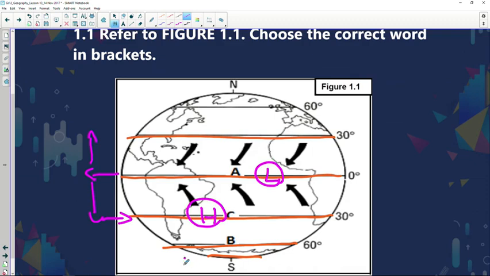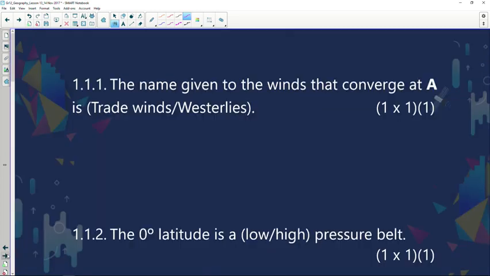Let's quickly fill in high pressure over the polar regions. We experience it over there because of extremely cold temperatures, and then there's convergence taking place with our subpolar low pressure belt.